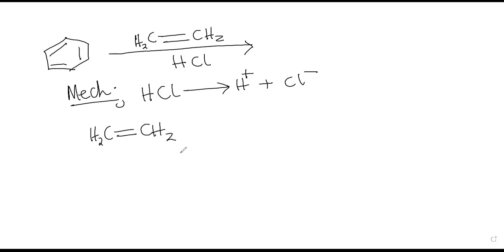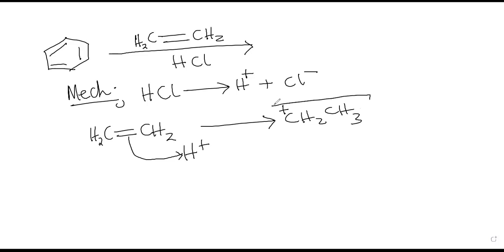I'm going to bring in the hydrogen ion. So you'll have this. And as a result, you're going to have CH2 plus CH3. So with this electrophile, I want everyone to complete that mechanism.